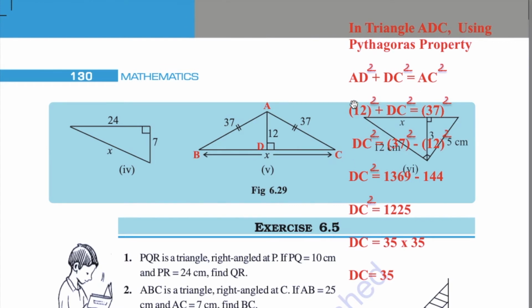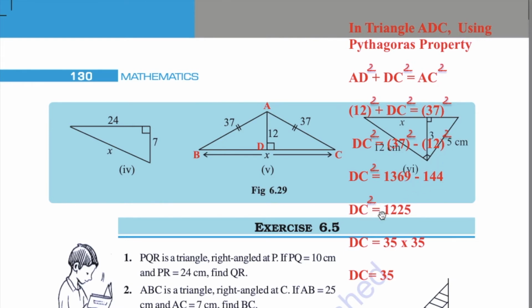12 square plus DC square is equal to 37 square, as AC is given 37 and AD is given 12 and we don't know DC. So DC square will be equal to 37 square minus 12 square. So DC square is equal to 37 into 37, 1369, minus 12 into 12, 144.